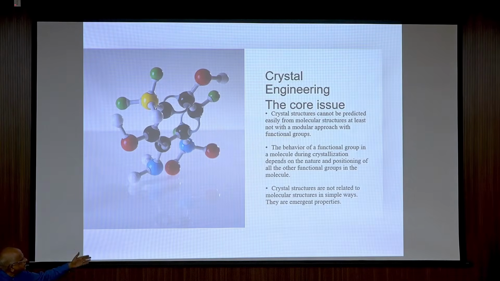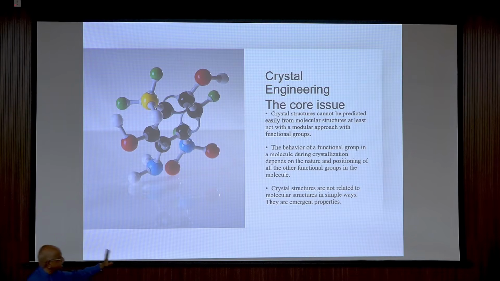So the behavior of a functional group in a molecule depends on the nature and positioning of all the other functional groups, with the added complication that the hydrocarbon part of the molecule is also a functional group. So the entire molecule is interacting with all the other molecules. Out of this you have to pull out something that is essential, the core of the crystal structure.